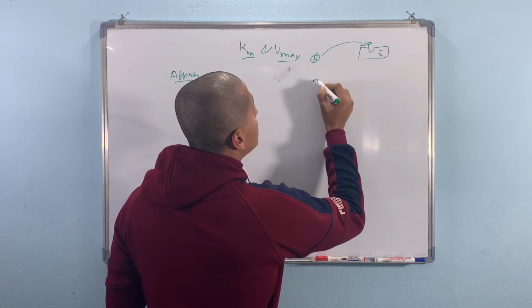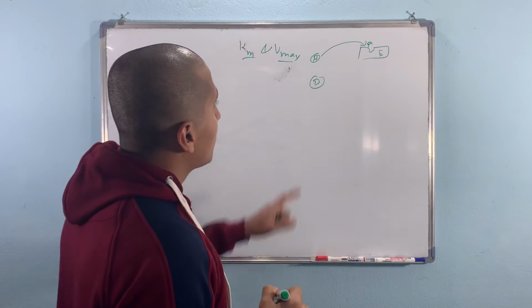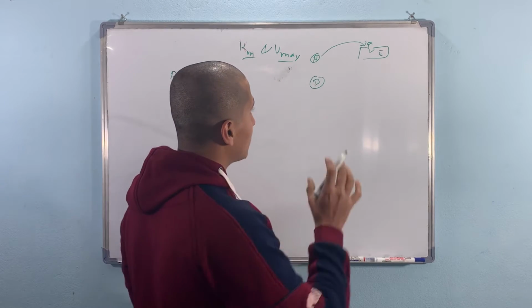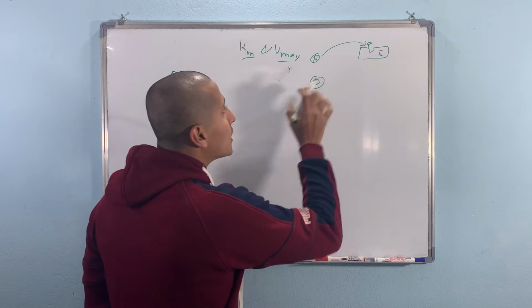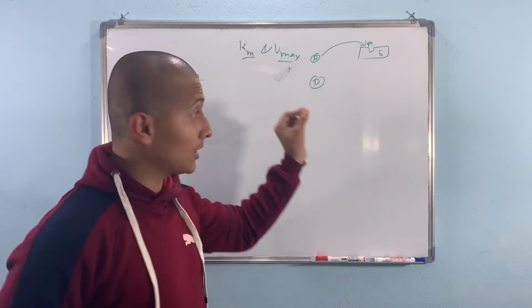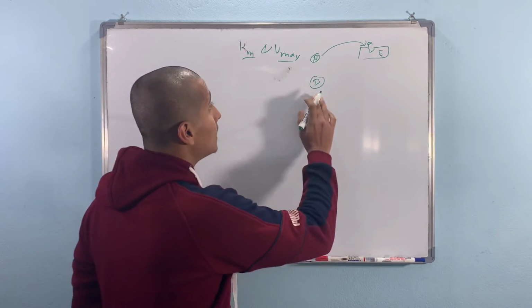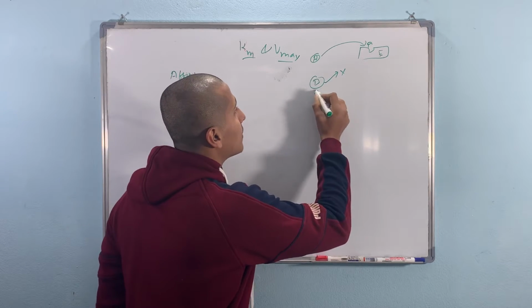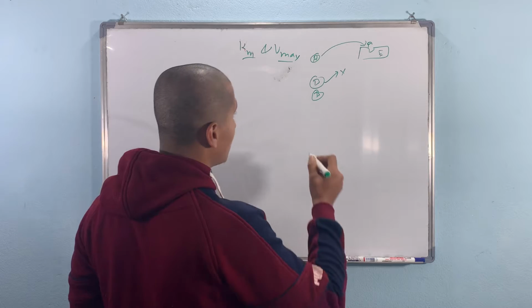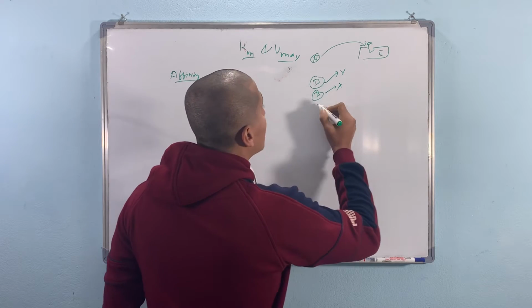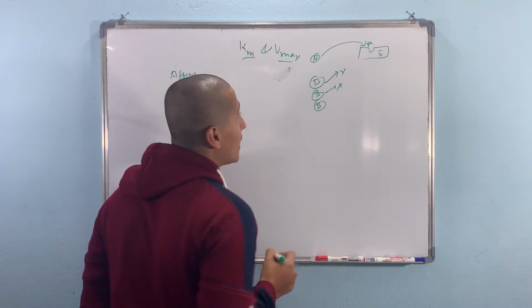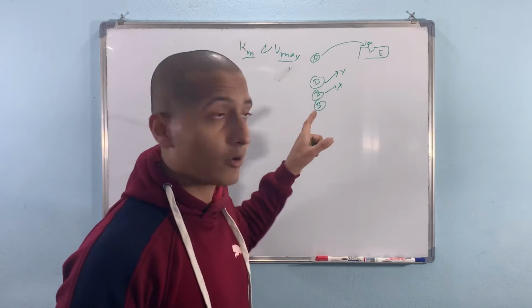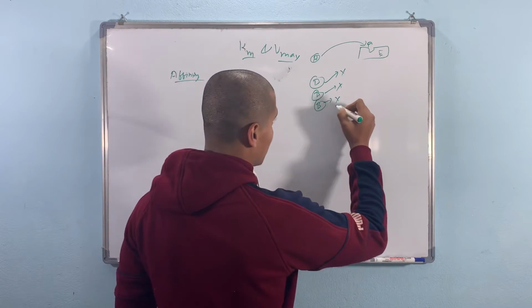And here is another drug B. Suppose there is one molecule of drug B, and this one molecule cannot go in here. If you give another drug B, it also cannot go. And again, you add a third molecule of the drug, again it cannot go there.